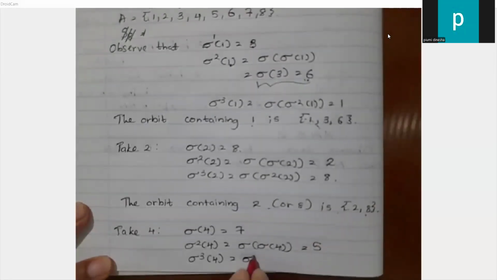Now let's calculate sigma cube of 4. This is equal to sigma of sigma squared of 4. Sigma squared of 4 is 5. 5 through this permutation is sent to 4. Right? Once again, you see when you take powers of sigma of the element 4, it goes between the values 7, 5, 4, 7, 5, 4 in that order, right?